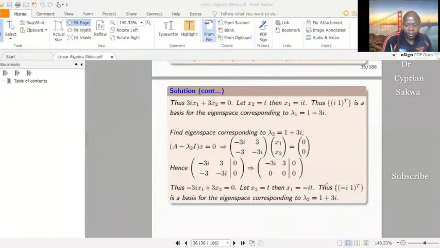So then the basis becomes negative i, 1. That is the basis corresponding to the eigenspace of this eigenvalue. So that's how we get it.